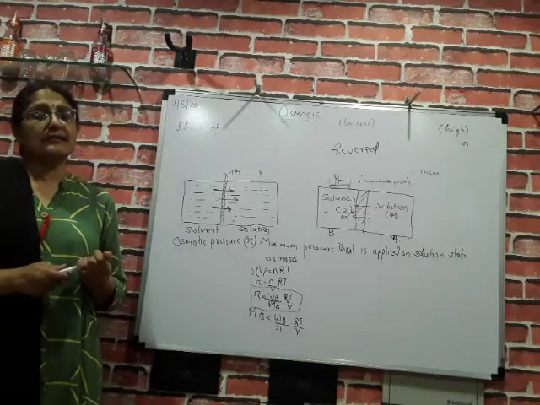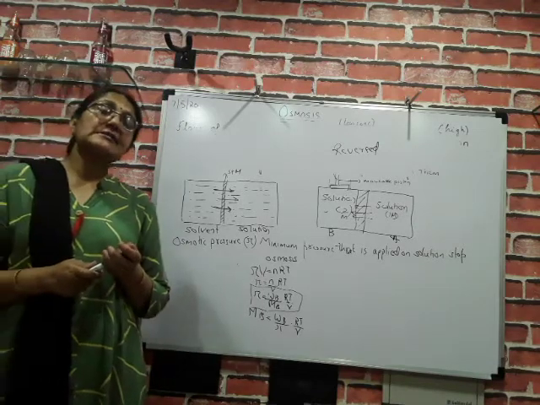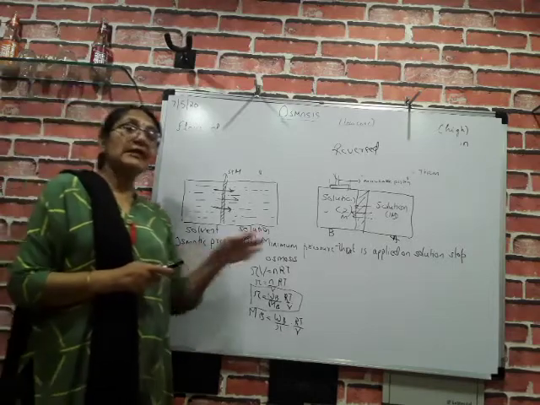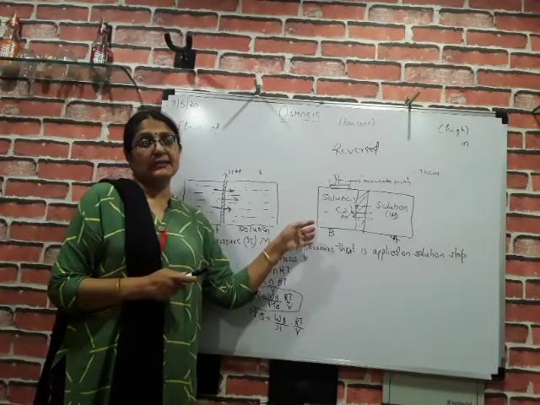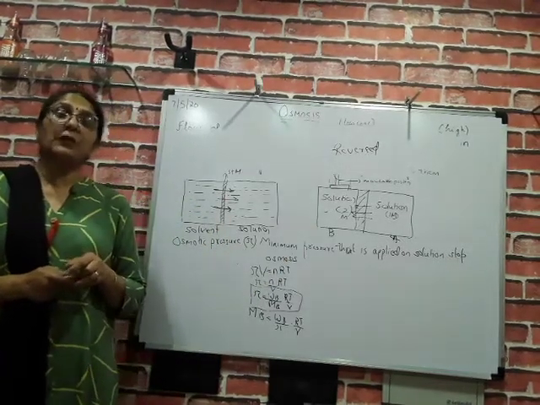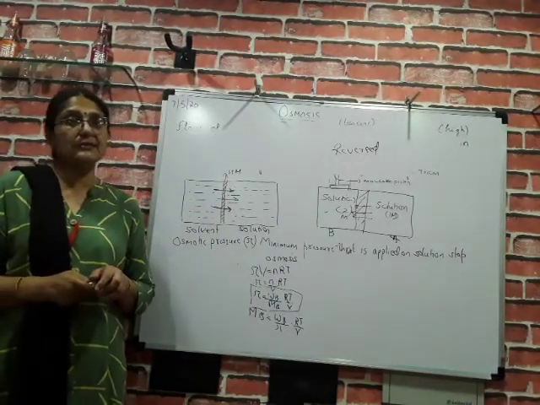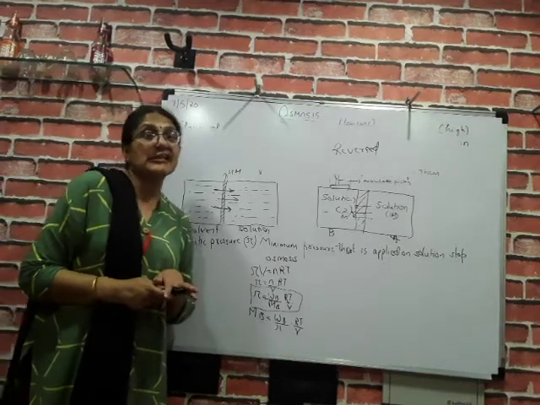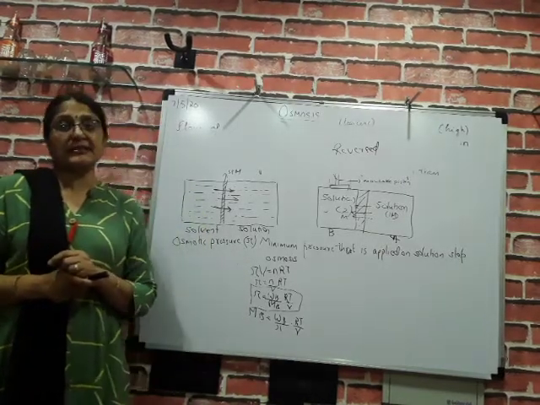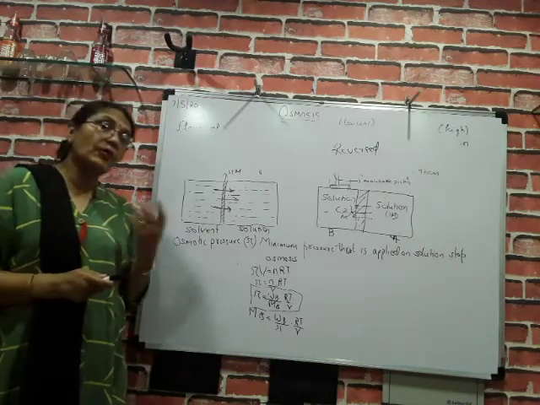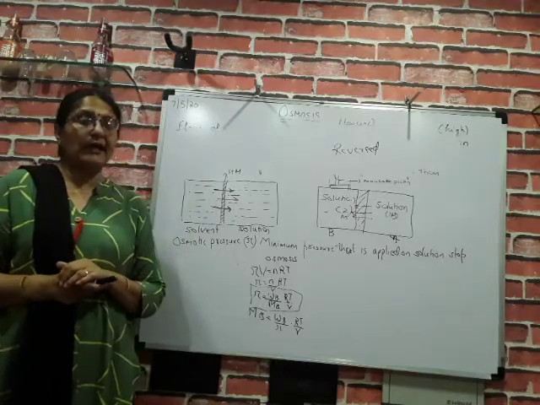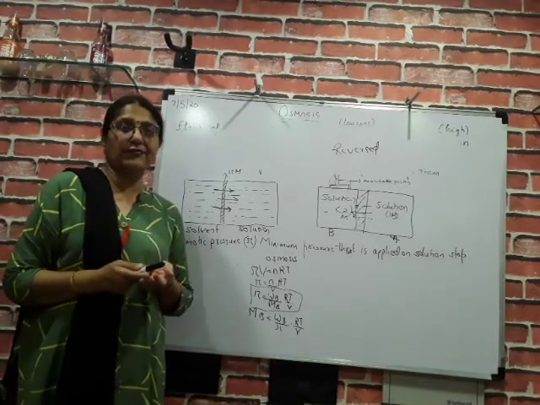Definition of 1 mark has been asked sometimes in board exams. And its application is most important. RO is used in our home to purify water or for desalination of sea water. Desalination से हम क्या समझते हैं? आपकी sea water में water के अलावा बाकी impurities भी हैं and it is in concentrated form.